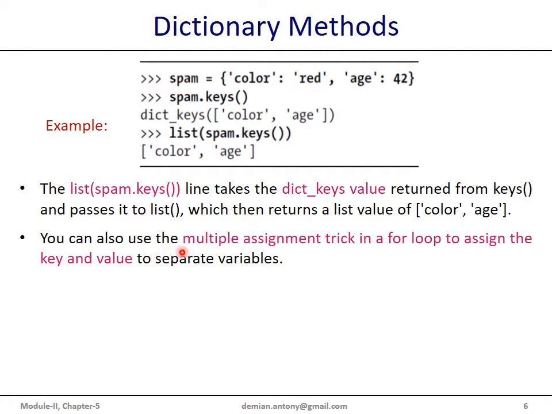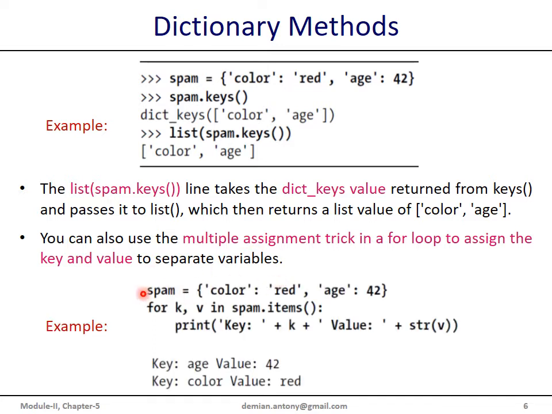We can also use a multiple assignment trick within a for loop to assign the key and value of a dictionary item to separate variables. Let us have a look.